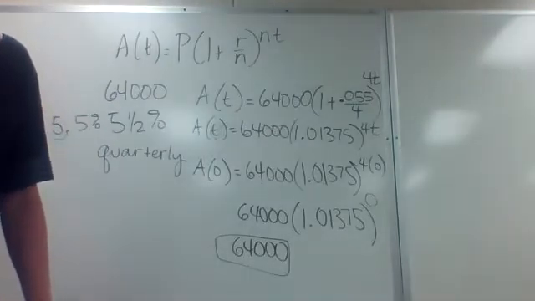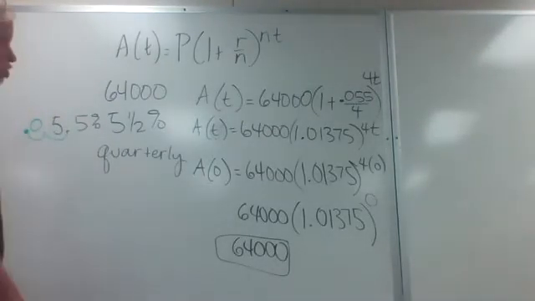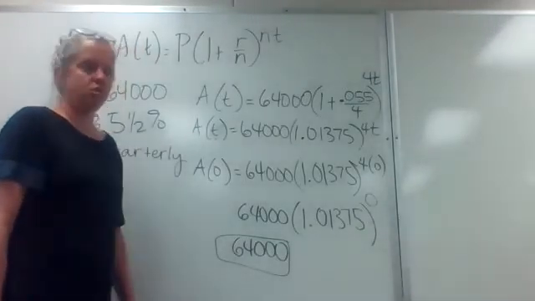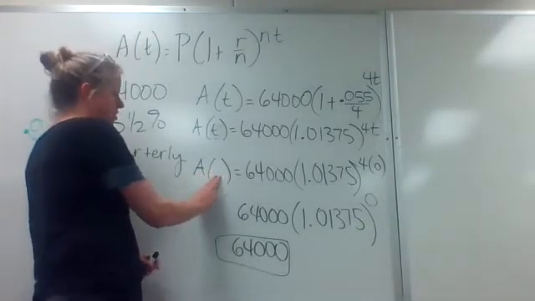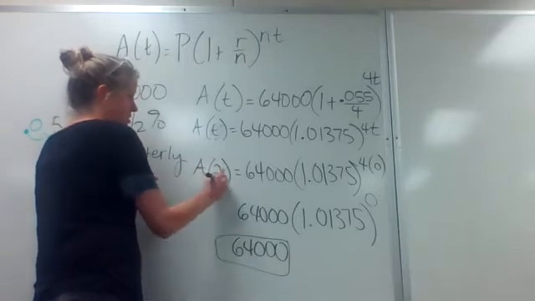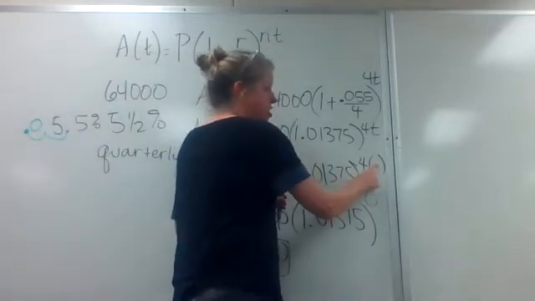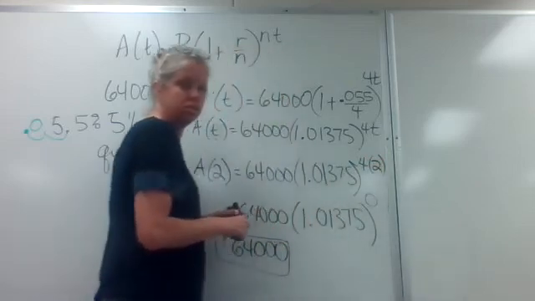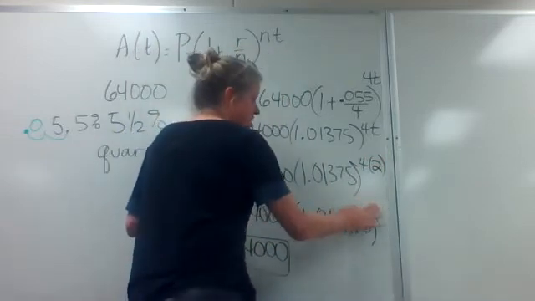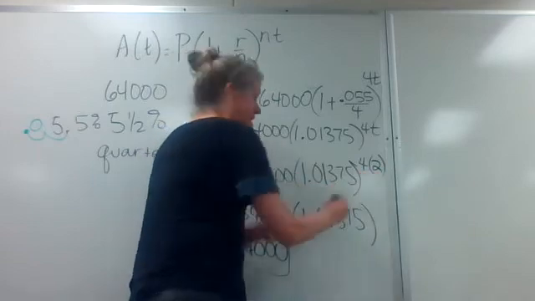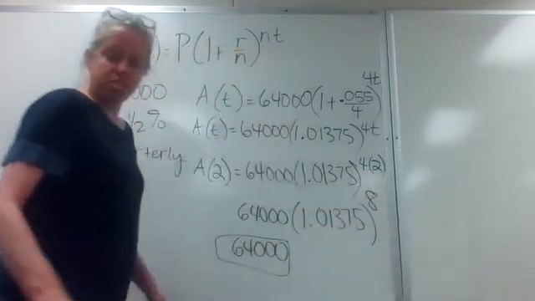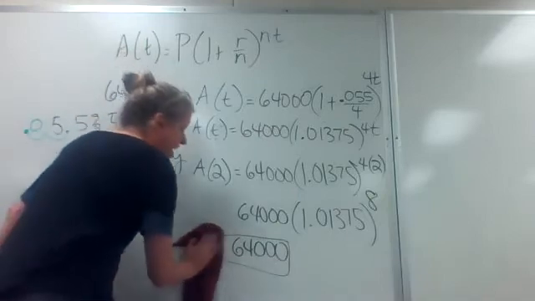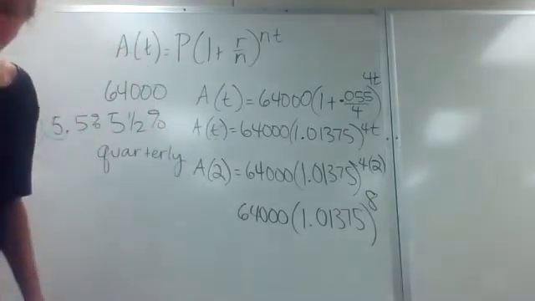The next part says the amount of money in the account at t equals 2. So it's been in there 2 years. The only thing that's changing is the part of the exponent where the t is. So that's 2, which changes the exponent to 4 times 2, which is 8. And then you'll just put that in your calculator.